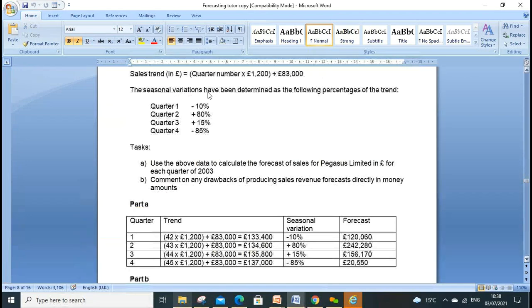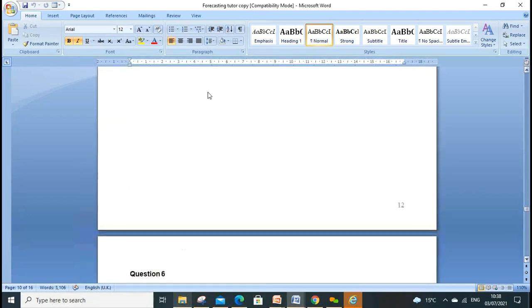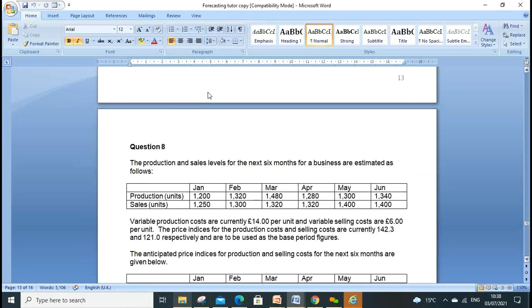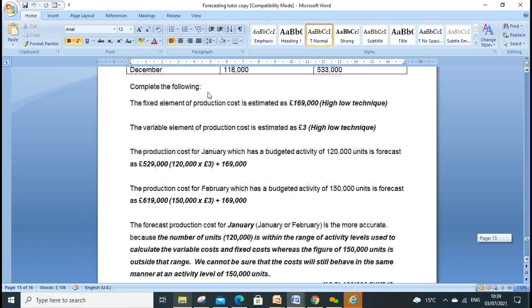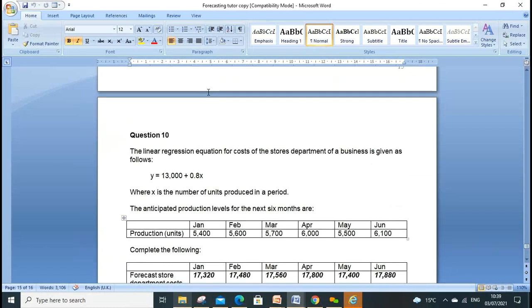And then we have a separate handout for regression and correlation as well. That's also, yes, here we've been given some examples. We've been given y equals 13,000. This is what we learn in maybe a little statistics in maths, GCSE, A levels as well, correlation.